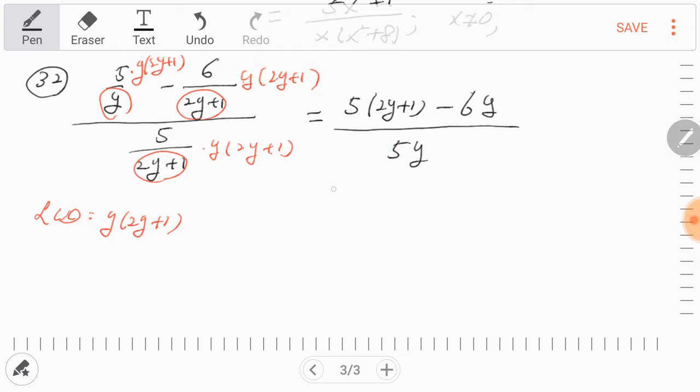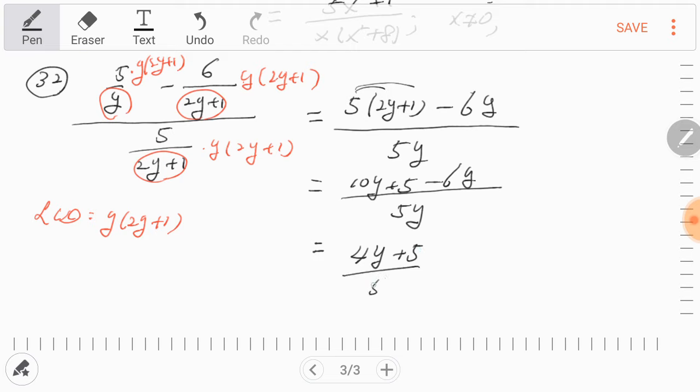Okay, then simplify the numerator. Remove the parentheses using the distribution property. So 10y plus 5 minus 6y over 5y. And this is equal to, combine the like terms, so 10 minus 6 is 4y plus 5 over 5y.